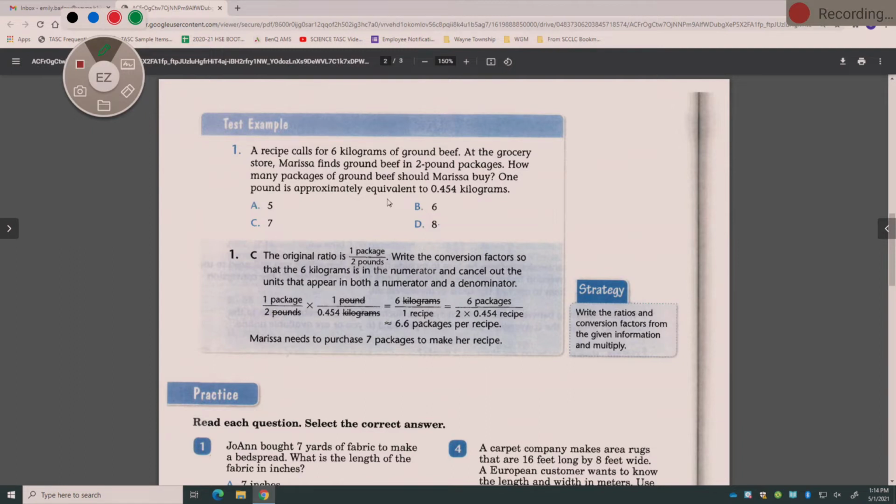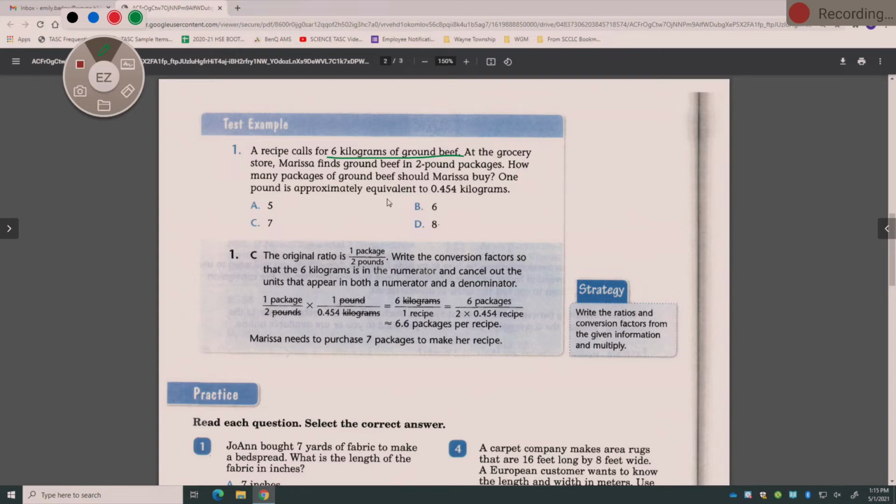Okay, a recipe calls for 6 kilograms of ground beef. At the grocery store, Marissa finds ground beef in 2-pound packages. How many packages of ground beef should Marissa buy? 1 pound is approximately equivalent to 0.454 kilograms. So she's wanting to find out how many packages to buy, right?